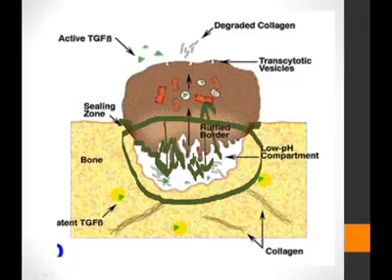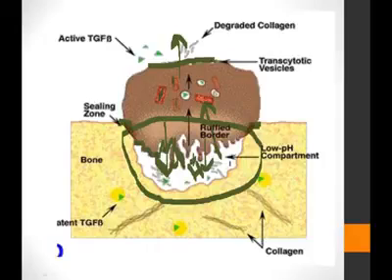So these vesicles that you can see here, what do they contain? These vesicles contain the degraded organic matrix of the bone. The degraded organic matrix of the bone crosses all of the cytoplasm of the osteoclast and exits from this opposite membrane of the osteoclast. This process of taking up the degraded organic matrix from this compartment back into the cytoplasm of the osteoclast is called endocytosis.